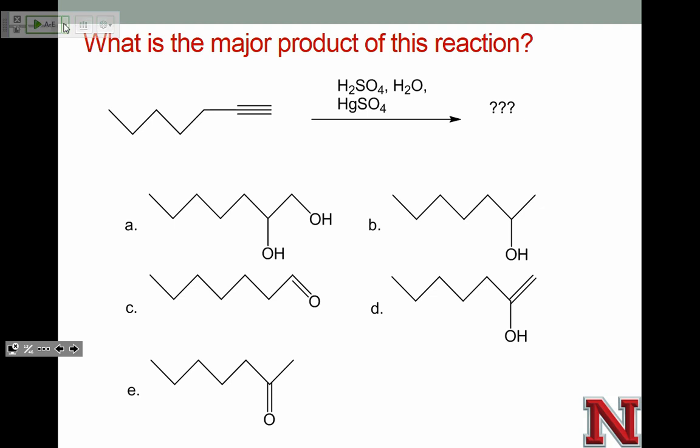And then notice HgSO4, some mercury. So that should make you think about our hydration, H2O, adding an H and an OH. So first off, this is going to be our hydration. It's going to be slightly different, and we'll talk about what that mercury sulfate is necessary for in a second.